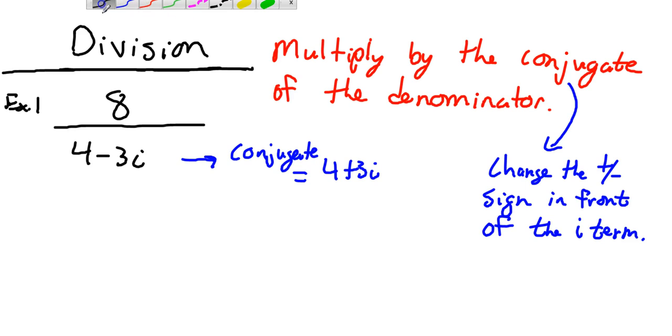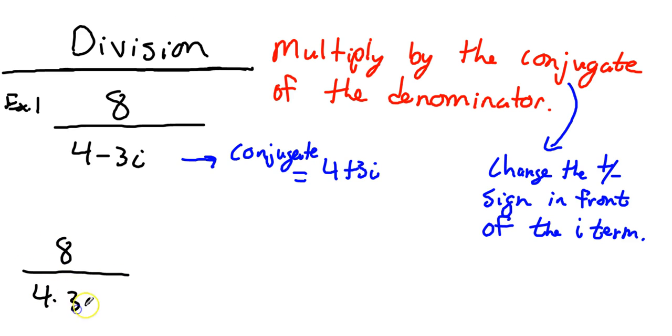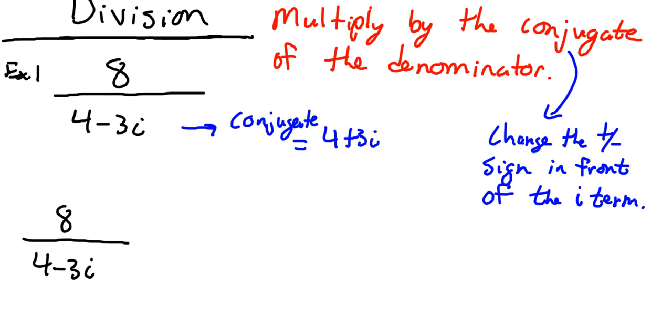So all we're going to do for that problem is take this 8 over 4 minus 3i, and we're going to multiply by the conjugate. Now, because it's a fraction, when you multiply, you've got to multiply the top and the bottom by that conjugate.